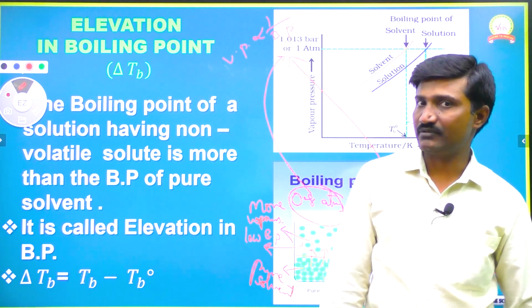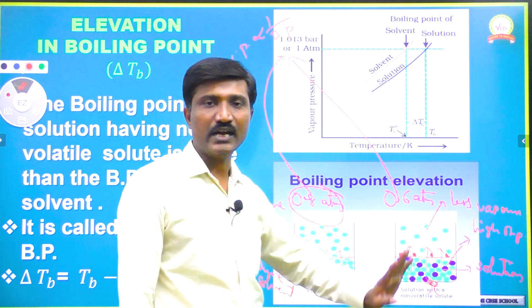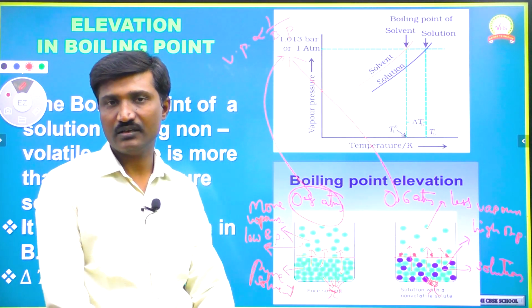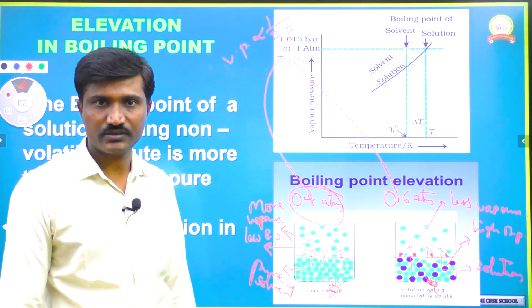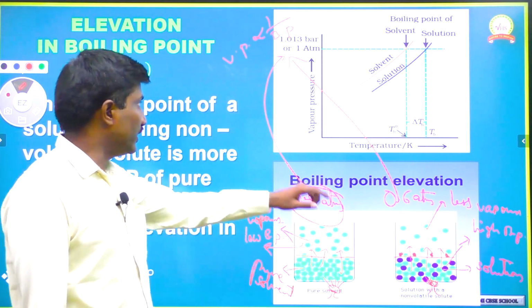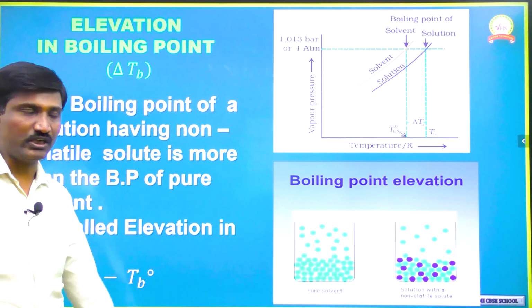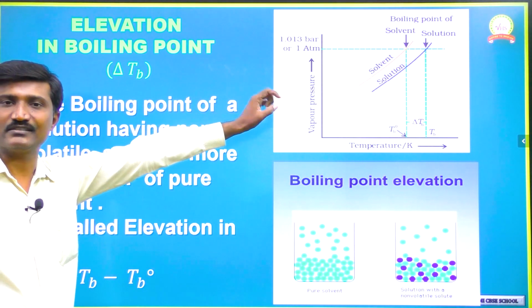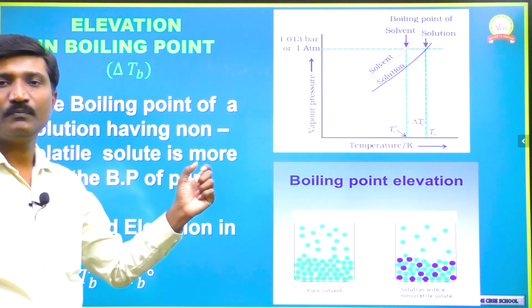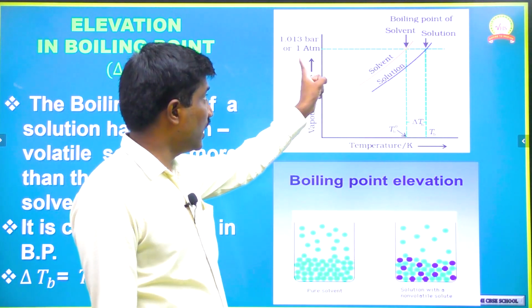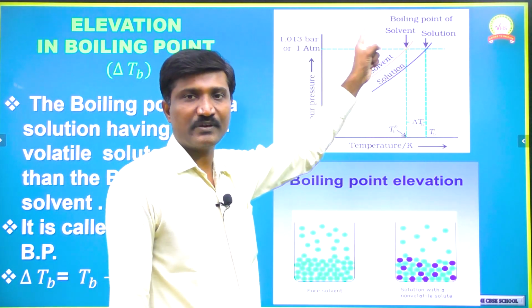Once again I am saying, here the solute should be a non-volatile solute, not a volatile solute. So if we compare the boiling points of pure solvent and solution, the boiling point of the solution is more than the pure solvent, but both are boiling at 1 atmospheric pressure only.